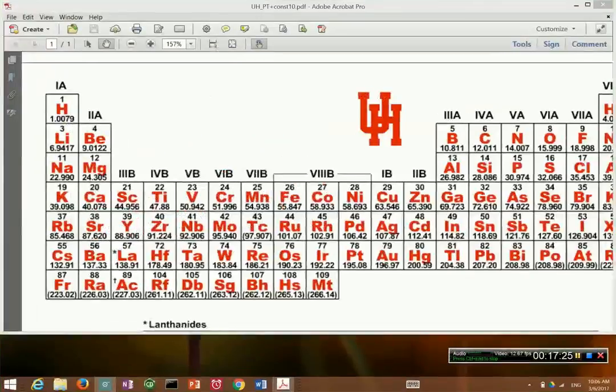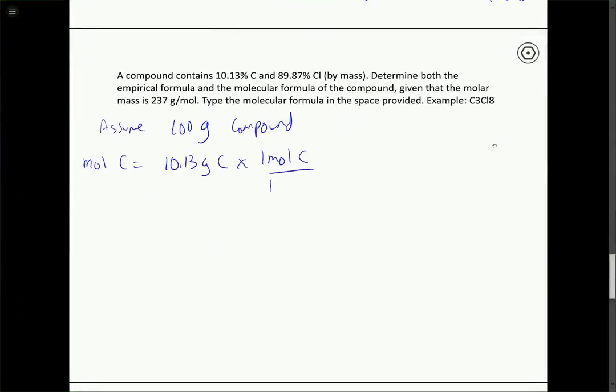Again, we can go find that on the periodic table here. It's atomic number 6, 12.01. And so when we divide that, we get 0.8435 moles of carbon. And then to find the moles of chlorine, we do the same thing with its mass. So the mass percent of chlorine is 89.87, which means 100 grams of compound has 89.87 grams of chlorine.